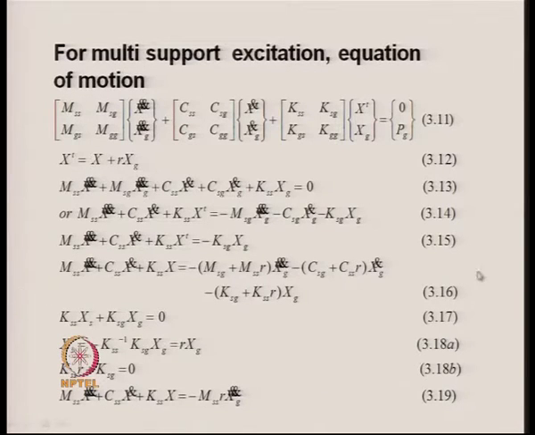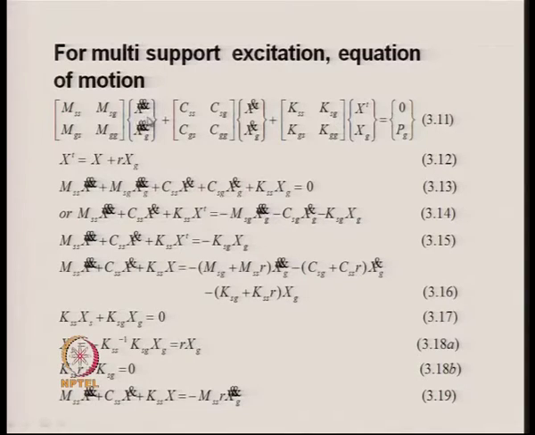In this particular problem, in the first equation, the matrices M_SS are the masses corresponding to the non-support degrees of freedom. The M_GG are the masses at the support, and M_SG and M_GS are the coupling matrices.